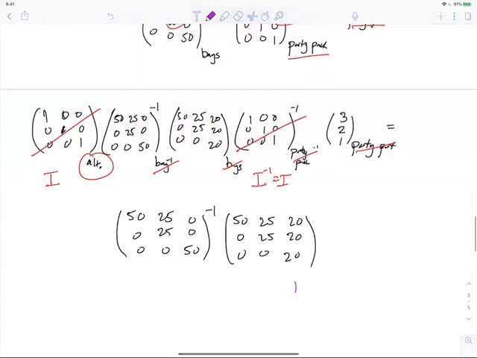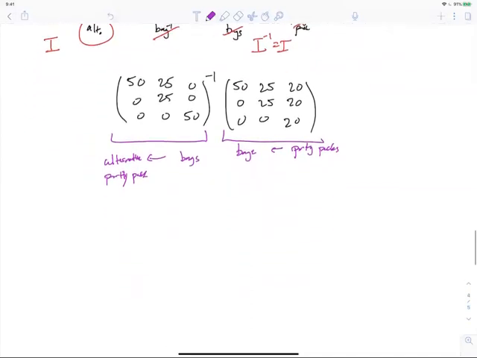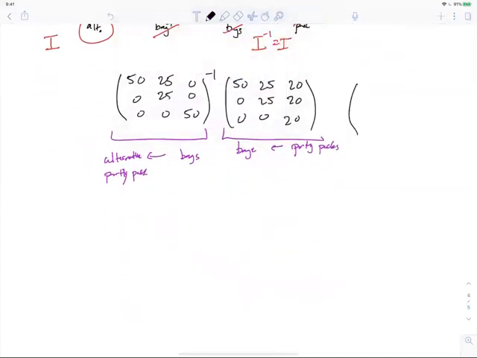So this is the conversion factor that goes from party packs to bags. And then the inverse of this goes from bags to the alternative. All right, and we're going to multiply this by the number of party packs we started with.